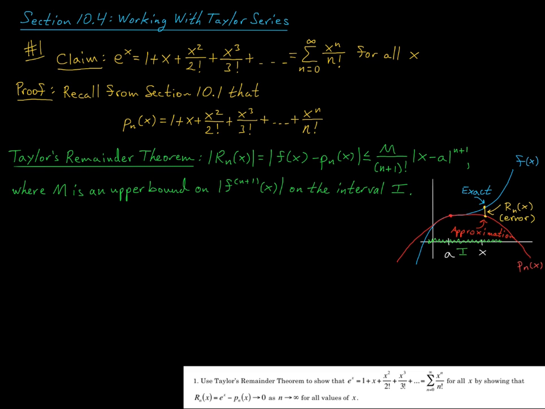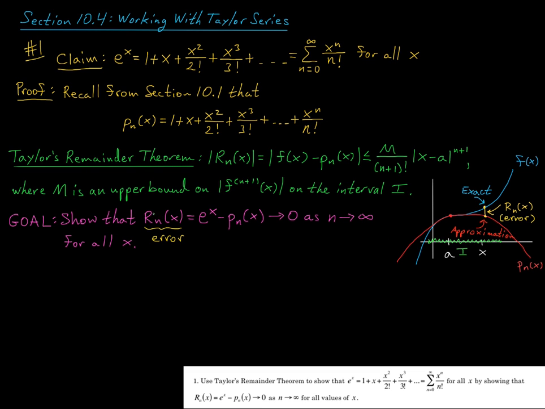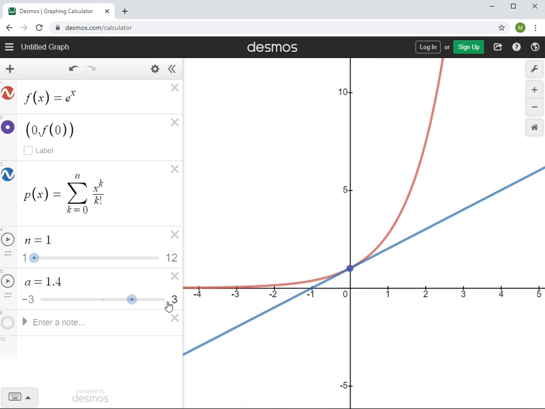All right, so our goal is to show that Rn of x, this error term, approaches 0 as n approaches infinity for all x. Okay, so let's go to a visual here to help us think about this.